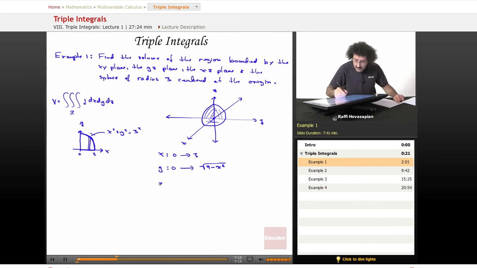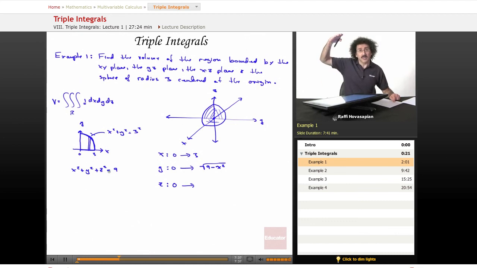Now z. Well, the equation for the sphere is x squared plus y squared plus z squared equals 9. Well, I need everything above the xy plane, so z is going to be 0. It's going to be the lower limit of integration, and it's going to go all the way to the sphere.